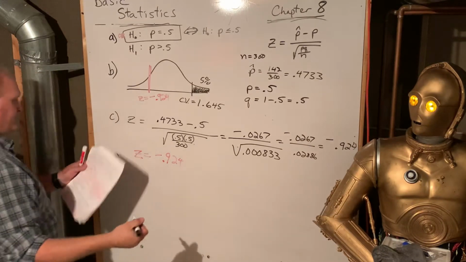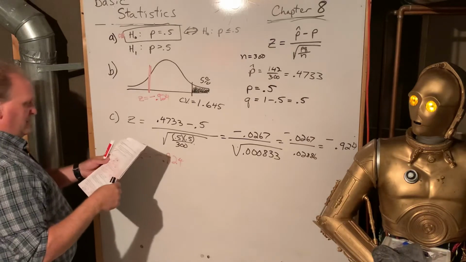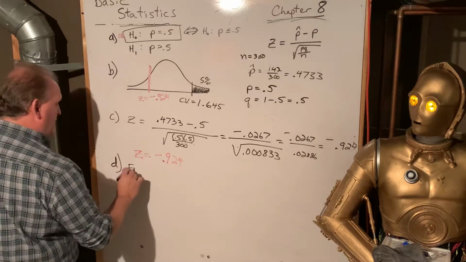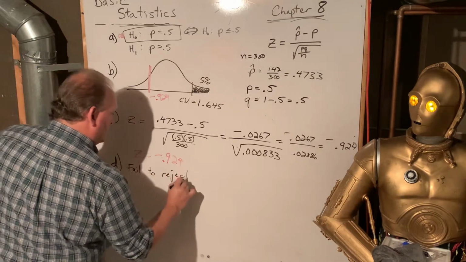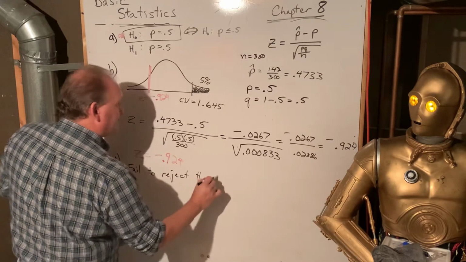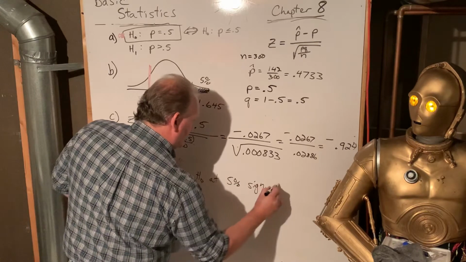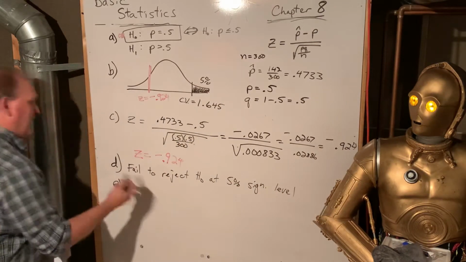All right, so letter D on the 5-step process. So what was letter D? We make our conclusion, fail to reject the null at the 5% significance level. Okay, and now letter E, in the context of the problem.